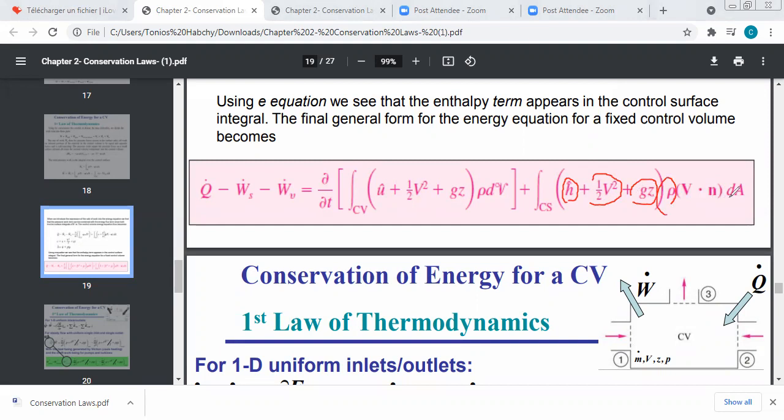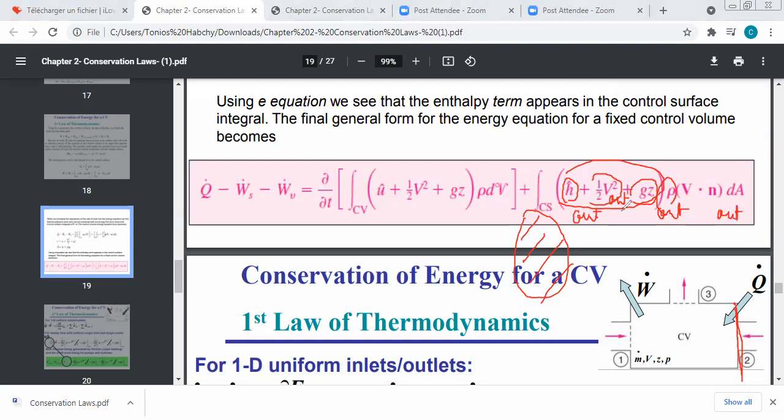If you are working in steady state applications where we have uniform conditions at inlet and outlet, when I say uniform conditions, everything for one cross section will remain the same over the control surface. This means that if I'm considering the outlet, at the outlet I have certain properties, H out, V out, plus GZ out, times rho V dot N at the outlet.